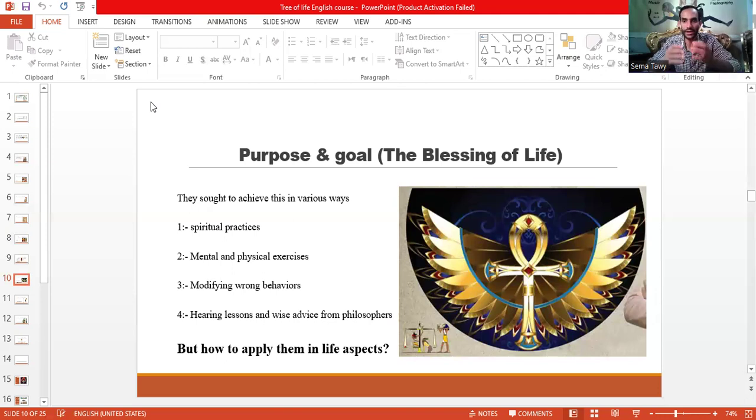So we will explain the departments and the different kinds of yoga next time. But how do we apply them in life aspects? How can we apply spiritual practice, mental and physical exercises, modifying wrong behaviors, and hearing lessons in the aspects of our life?